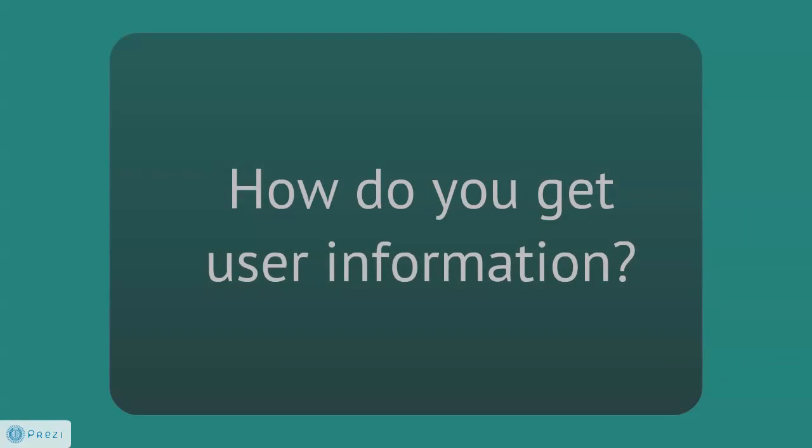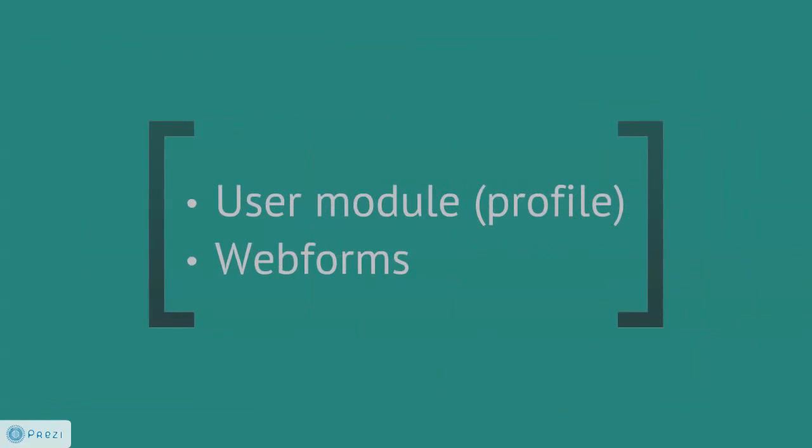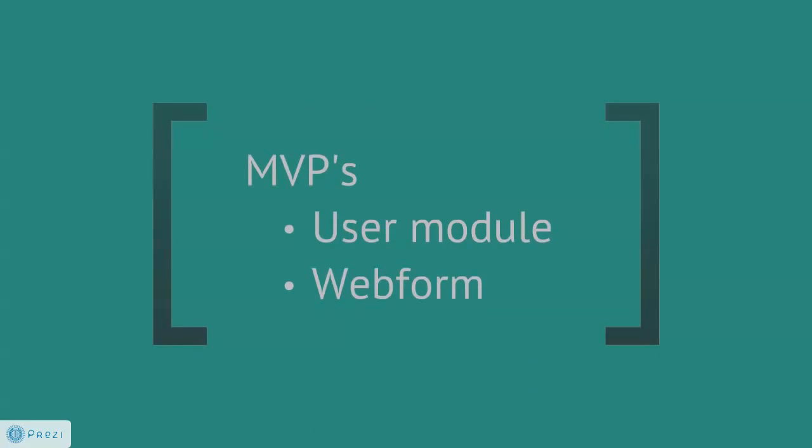So, how do we get user information? That's the big question. Well, as far as I'm concerned, there's two big players here: the User module and Webform. And notice whenever I first started off this presentation, I said that Webform is the second most valuable module in Drupal. The reason is because it just doesn't compete with the user module, because the user module is what gets people on your website, and that is the users table.